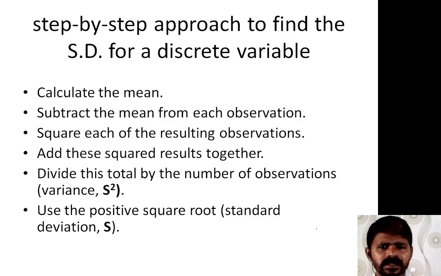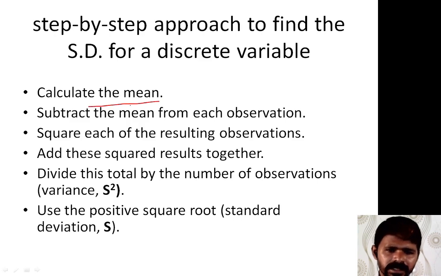So let us see the procedure for calculating variance and standard deviation. The first step is to calculate the mean of the data set, that is x bar. Then we subtract this mean from each observation. The observation is denoted as x, so we subtract the mean from the observation: x minus x bar.